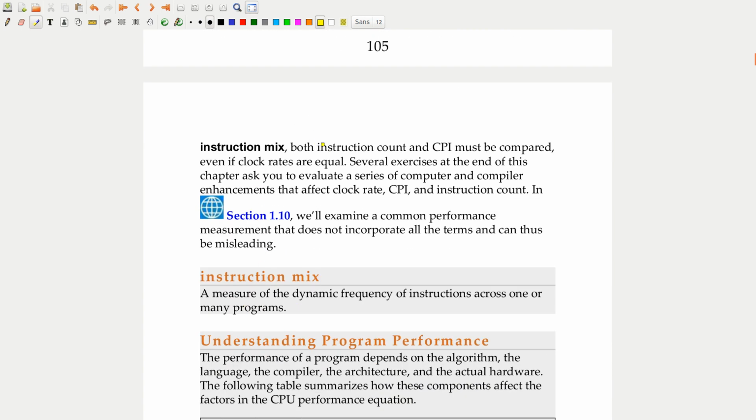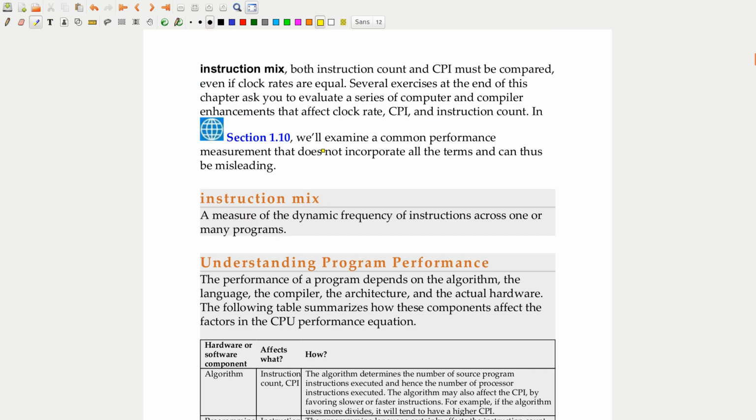Okay, so instruction mix. It's very important that when you're looking at how a program is running, you understand what types of instructions are being executed. So let's say you are running a program that is 90% branch instructions. This would never happen, but just for the fun of it.